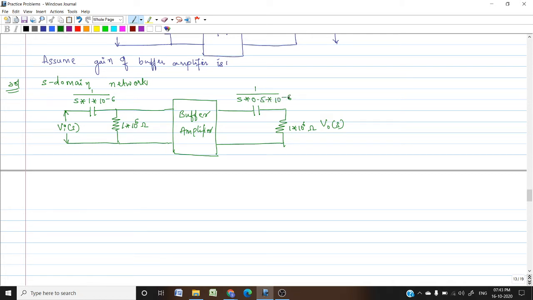Now how do we actually solve this problem? We don't know the internal structure of the buffer amplifier, what is inside it.